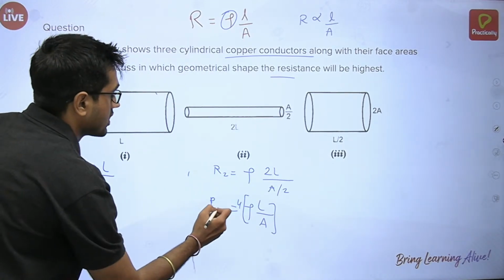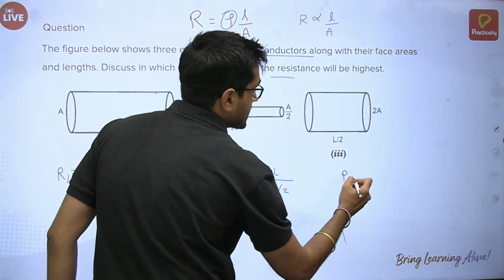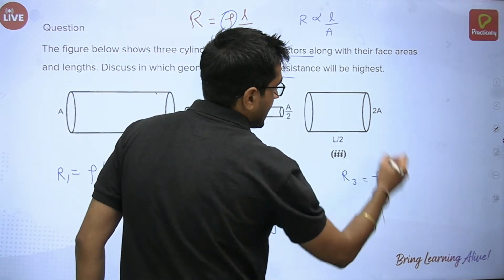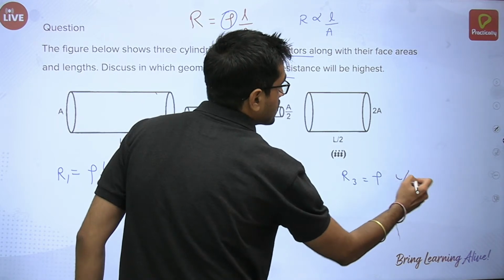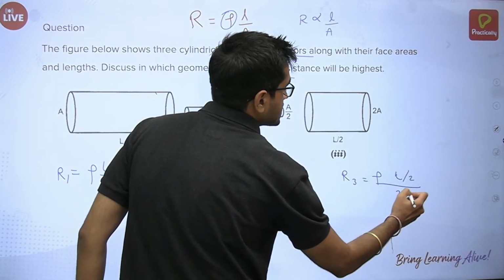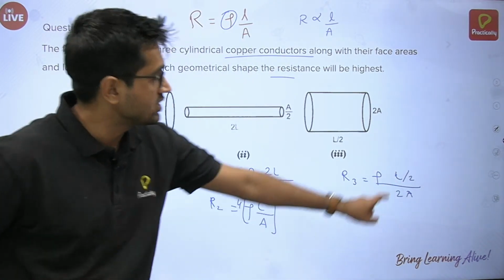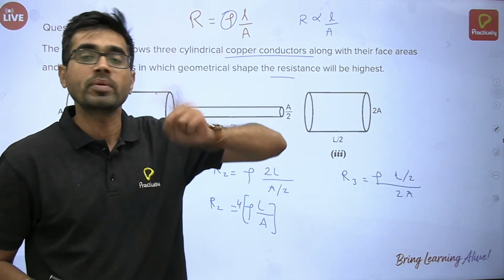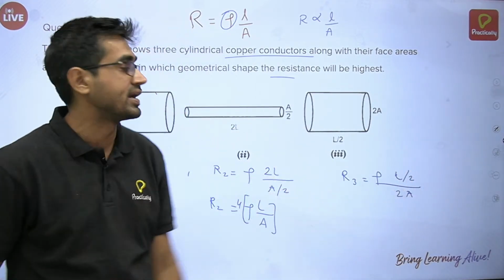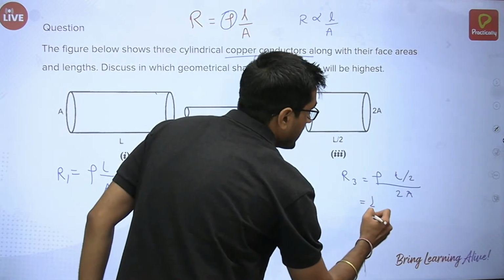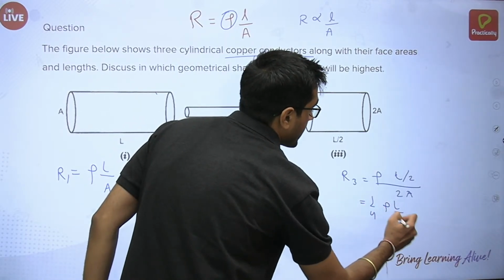Got it? Now R3 is rho L, in place of L it is L by 2 by A, which is 2A. So this time this 2 in the numerator, which is in the denominator of the numerator, will come in the denominator. It will become 1 by 4 rho L by A.